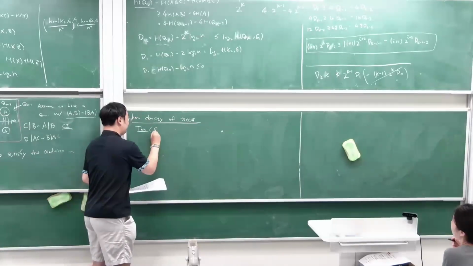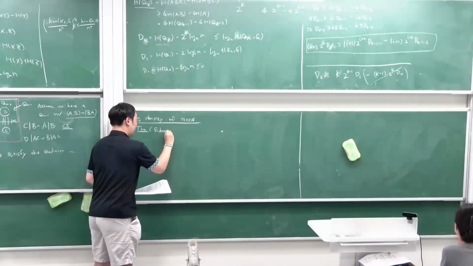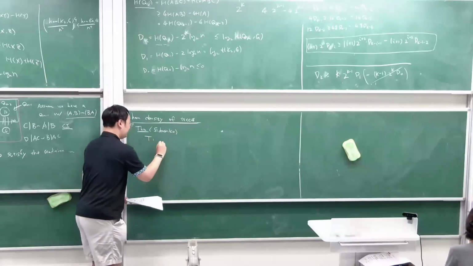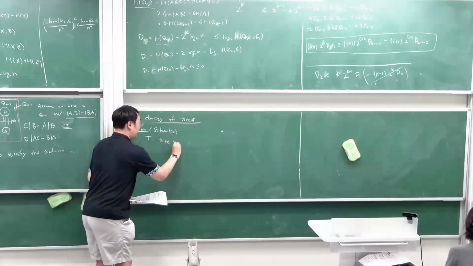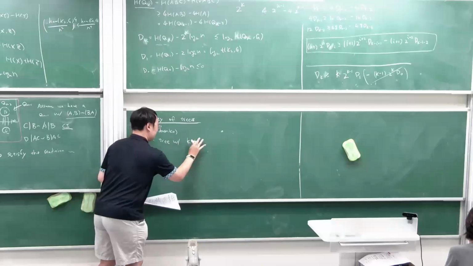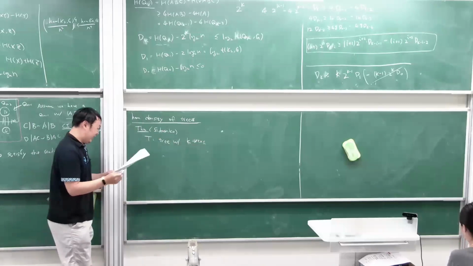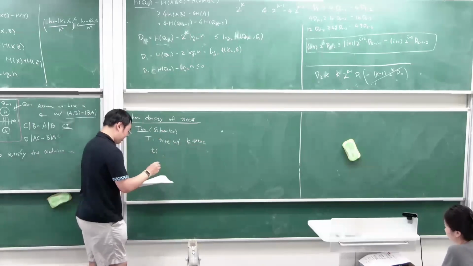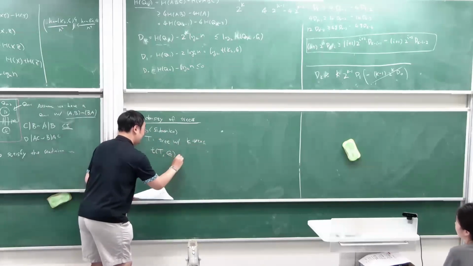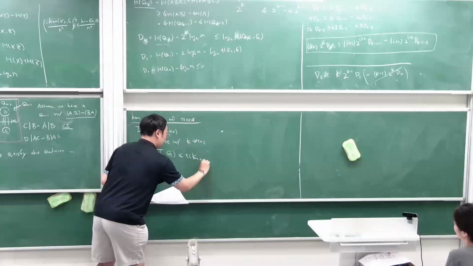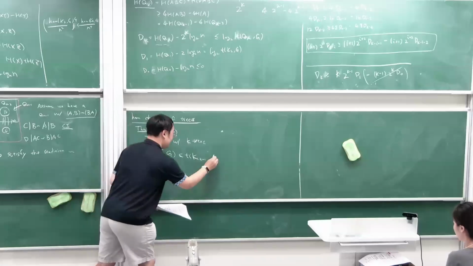It's a theorem by Sidorenko, saying that if T is a tree with k vertices, then the density of T inside any graph G is always upper bounded by that of a star with the same number of vertices.